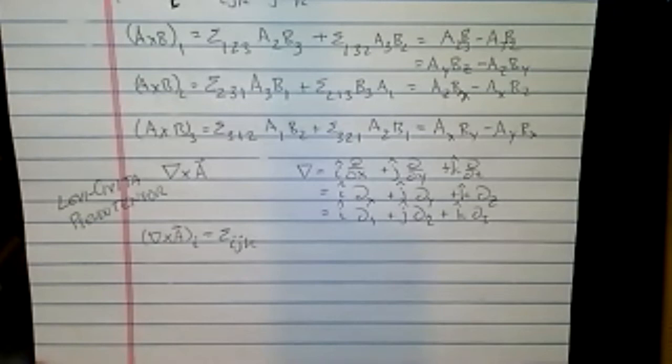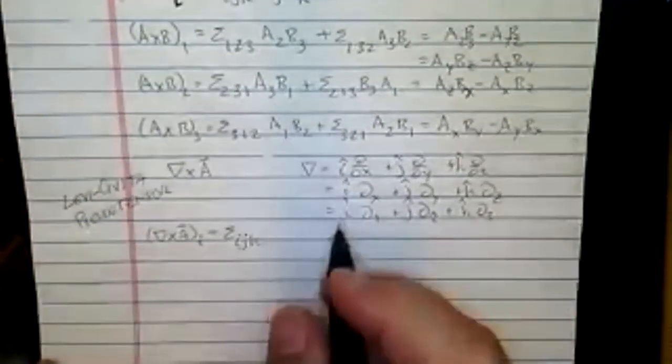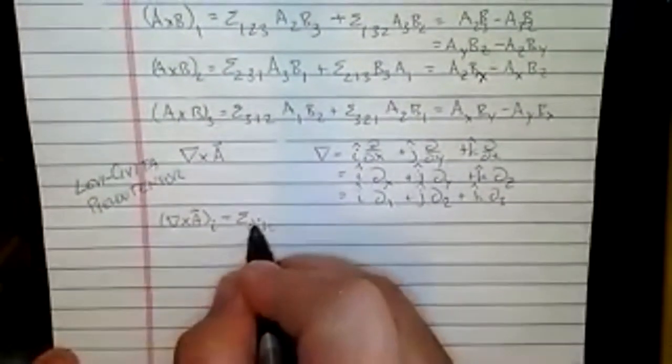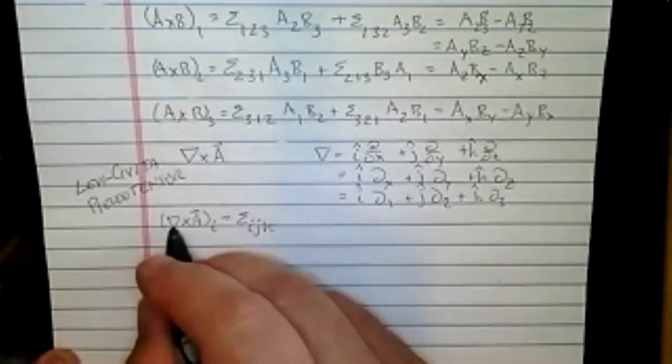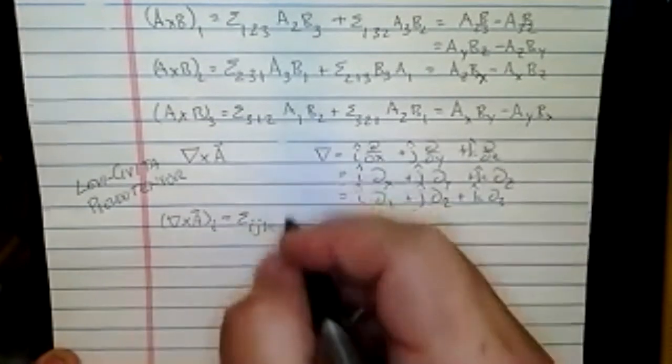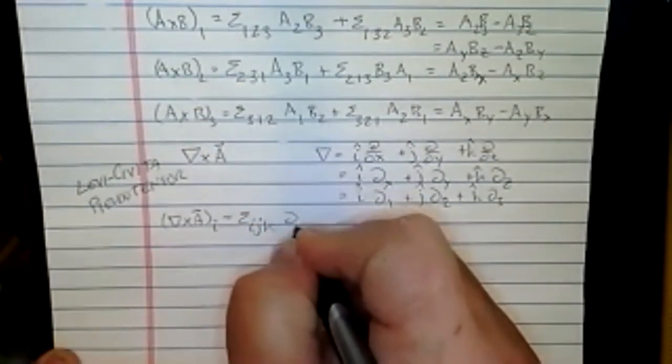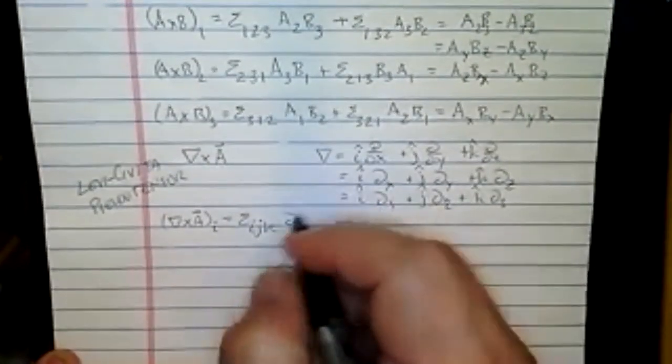Pseudotensor. Okay, that's what that thing we keep saying is. It's the Levi-Civita pseudotensor. So in this case, we have epsilon ijk. Then we have to have the first part of the cross product, which is the del operator. So I'm going to say partial sub j, and then I'm going to say A sub k.